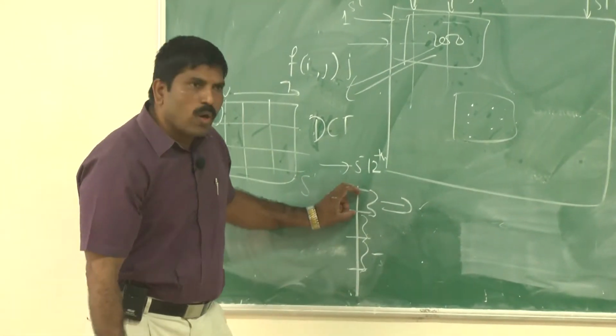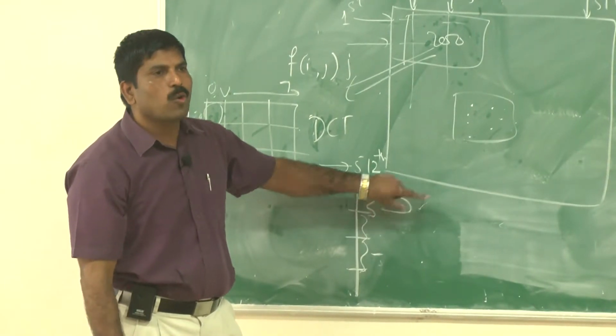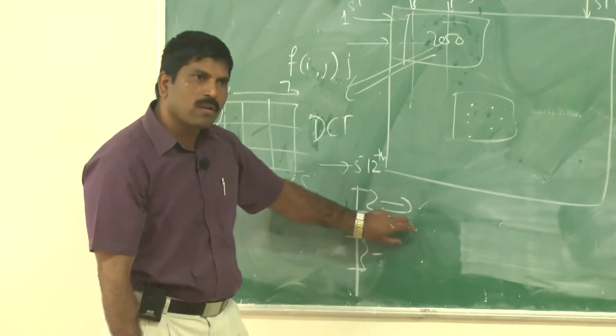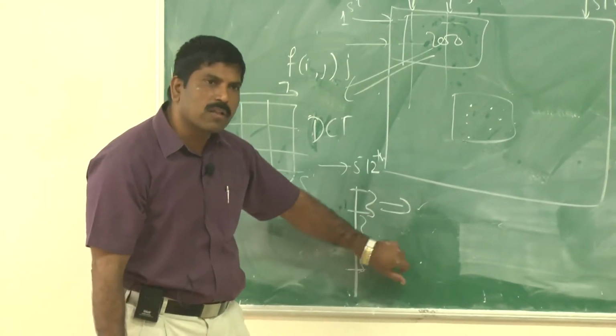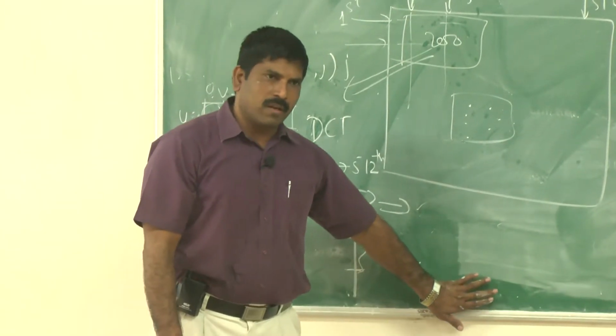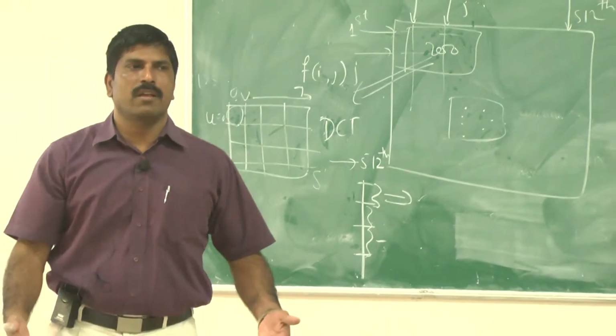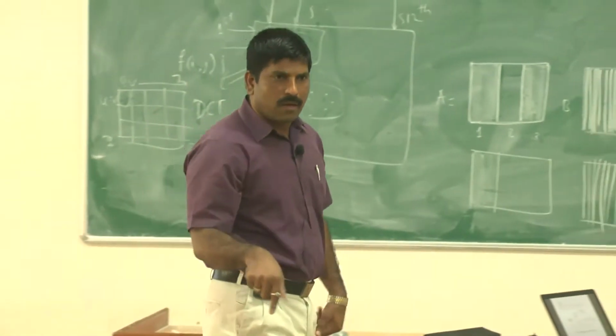You are grouping all those pixel intensities into one value, then this one into another value, so that the number of levels will decrease. If you reduce the number of levels, the number of bits required will also be reduced.